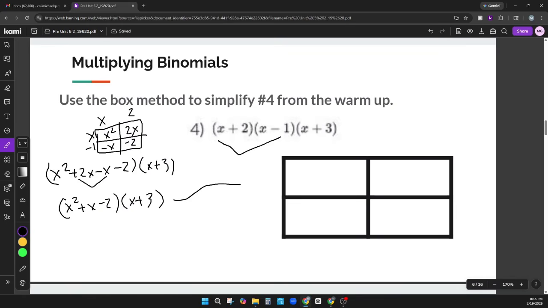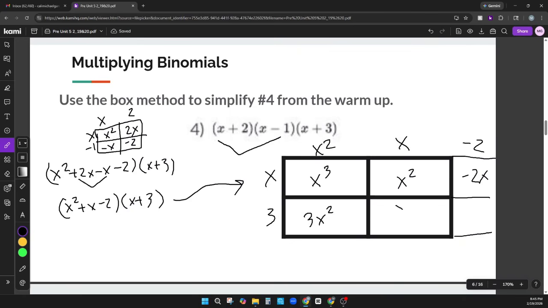And now let's go ahead and get to the big guns. I save my big box for my big multiplication. So this can become x and 3, x squared, x and negative 2. And my result should be x to the third, x squared, negative 2x, 3x squared, 3x, and negative 6.